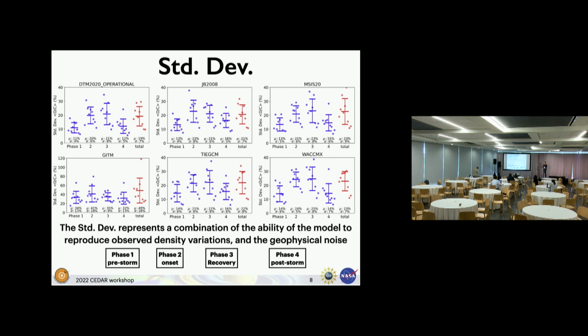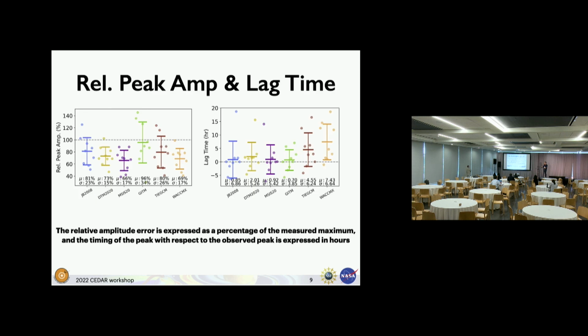Typically, you can see during the storm time, phase 2 and phase 3, this standard deviation rises pretty significantly compared with the pre-storm time and the phase 4 time. And this one is a relative peak amplitude, which means we compare the largest amplitude we observe with what the model predicts. Pretty interestingly, GITM can predict the peak amplitude better than other models.